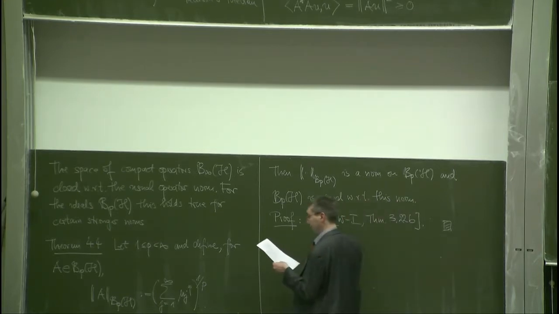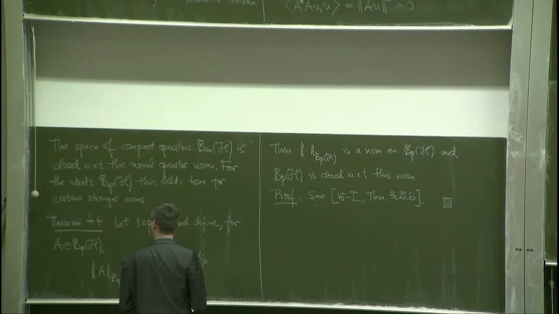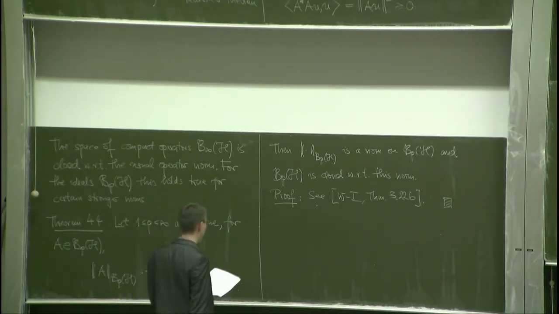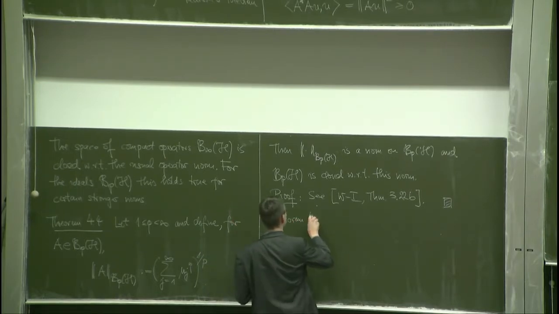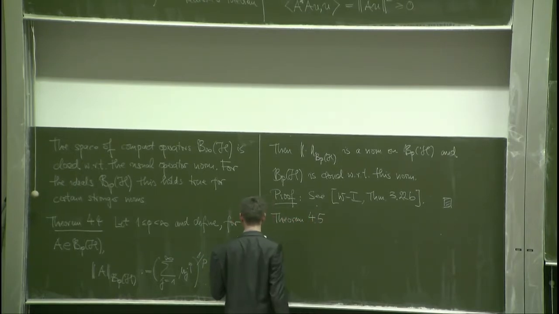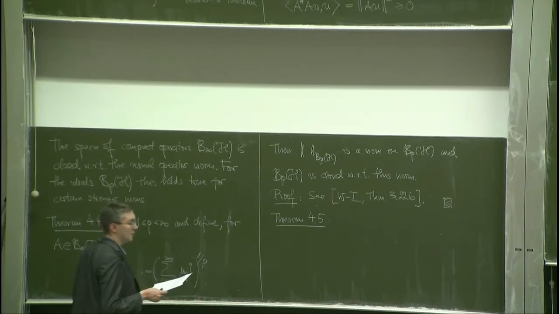Okay. Interesting for us and for our purposes is the following theorem. So theorem 4.5, which refers to some remarkable properties of the classes B1 and B2.